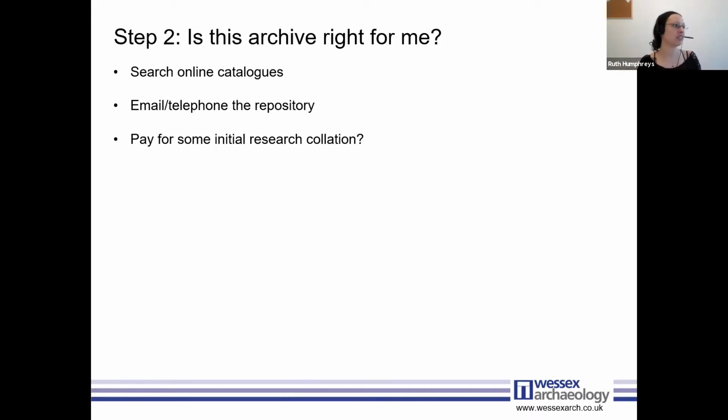So always ask the question, is this the right place for me to be looking? And there are several ways that we can narrow that down. So you can search the online catalogues. The online catalogues vary, as I believe I said yesterday. Sometimes you have fantastic descriptions.